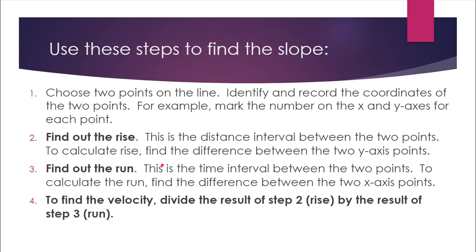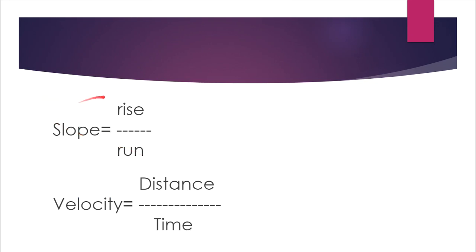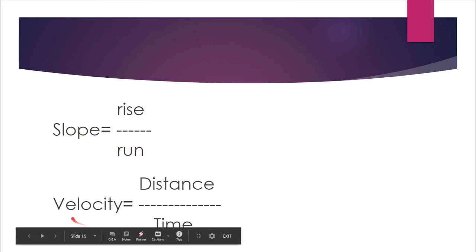Then to find the velocity, divide the result of step 2, the rise, by the result of step 3, the run. You may notice too that this is just slope is equal to rise over run, which is the exact same as velocity is equal to distance over time, because what is our graph?